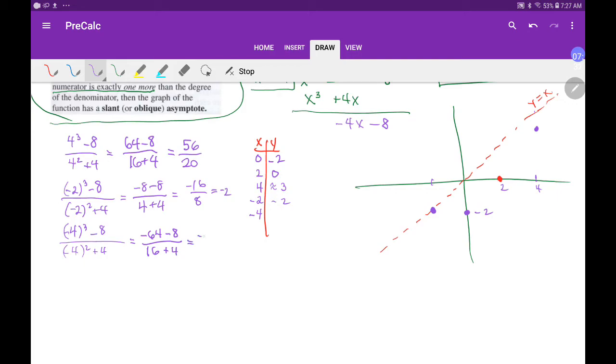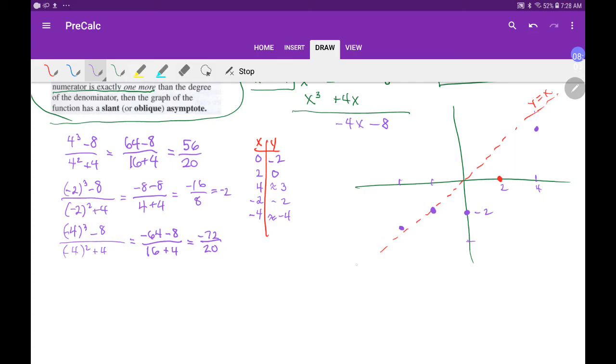So we get negative 72 over 20. It's not negative 4, but it's pretty close. We're graphing, we're not trying too hard here, within reason. So we'll say we're there, but not quite. We're on this side of the line. We're not quite that negative.